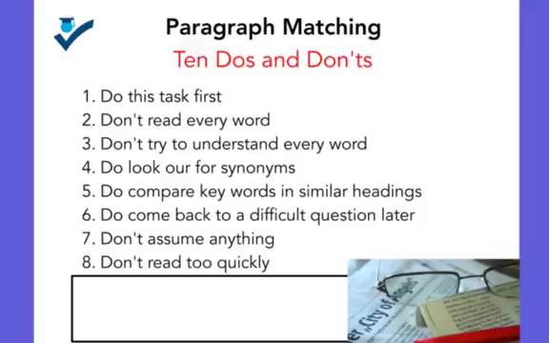But this is a very dangerous thing to do because it makes students not understand most of what the text is saying. It's sometimes better to do this task a little slower and actually understand what you're reading. So it would be a good idea for you to try and strike a balance. And like I said, if this is a very difficult task for you, try to tackle this one first before moving on to other task types.